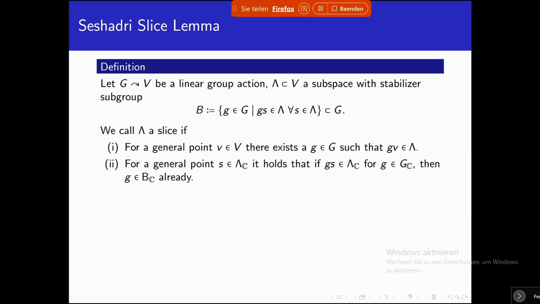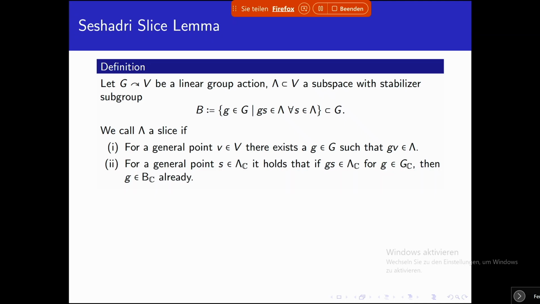So geometrically, it just means we have our large vector space, and we have orbits under the orthogonal group in our example, and then our slice needs to actually slice every orbit, right? Or at least a Zariski open set of orbits. And then the second condition is that it doesn't slice these orbits too much. So again, a general condition where we need to take a look at the complexified vector space for algebraic geometry reasons.